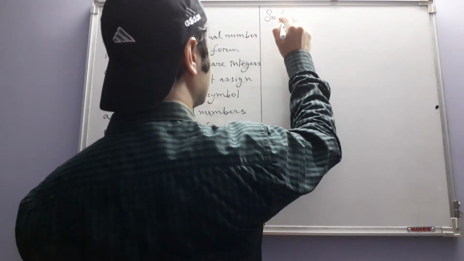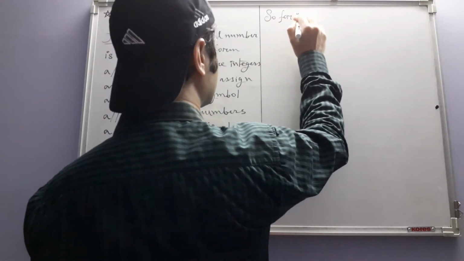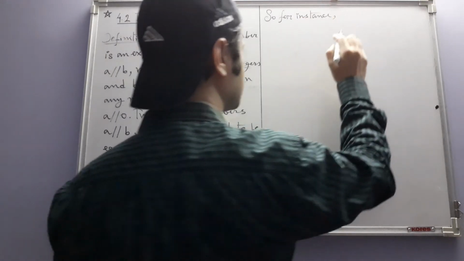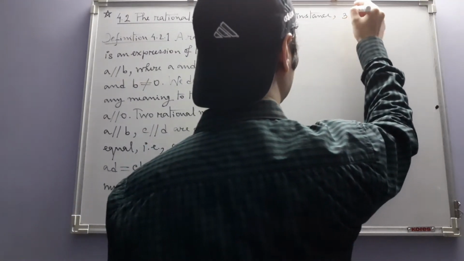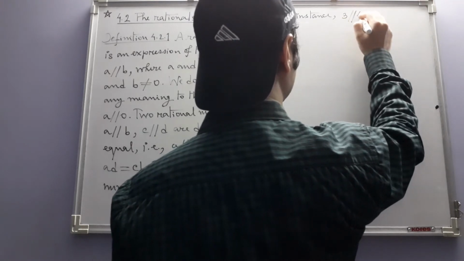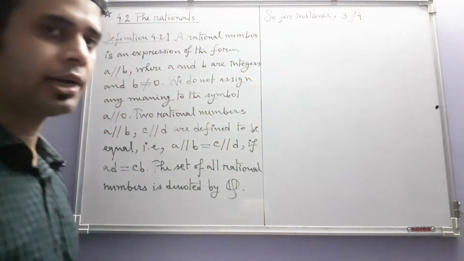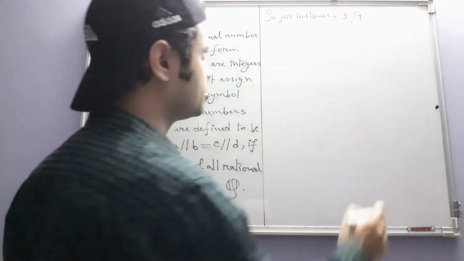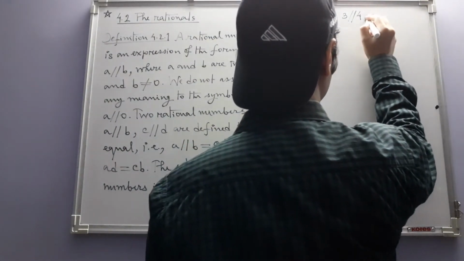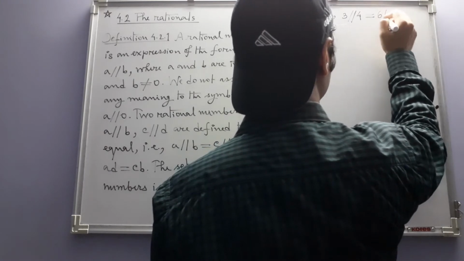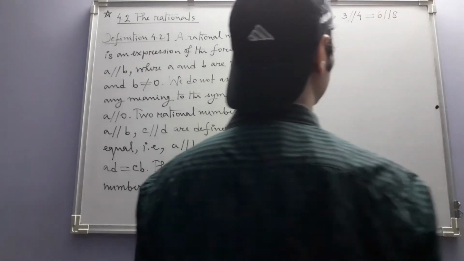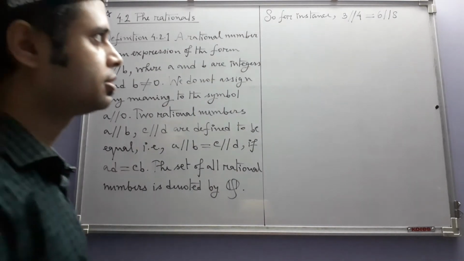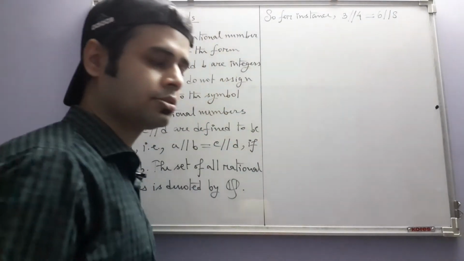So for instance, 3 by 4, this is a legitimate rational number. 3 and 4 are integers and 4 is not equal to 0. This will be equal to 6 by 8, because 3 times 8 is 24 and 6 times 4 is also 24.